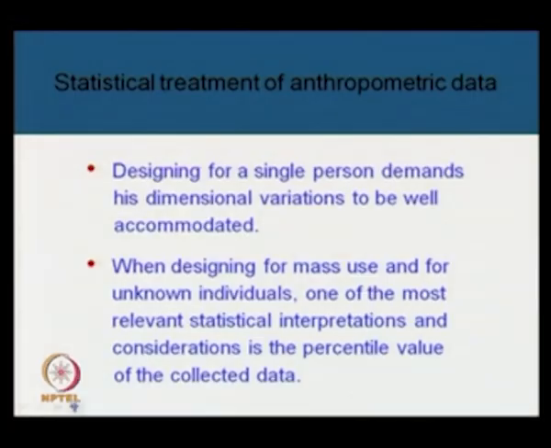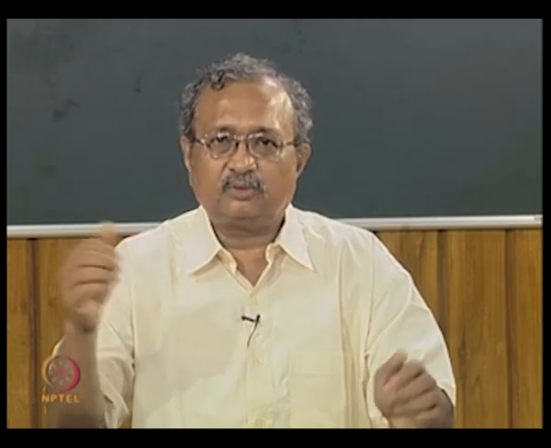When we design something for a single person's use, we can measure him directly, and according to those measurements we can make a design exclusively for his use, say a chair, a table or a bed.